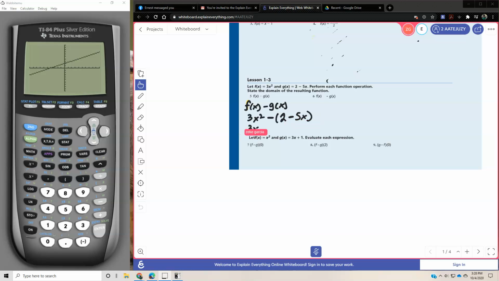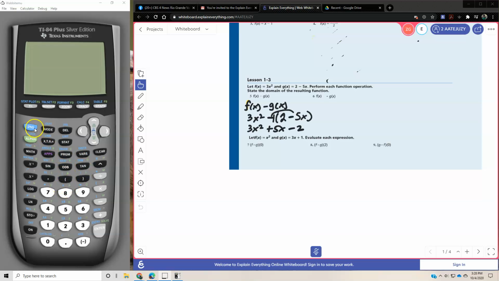So we have 3x squared. You have to distribute the negative 1. So negative 1 times negative 5x is plus 5x, and negative 1 times 2 is negative 2. Okay, so f of x minus g of x is 3x squared plus 5x minus 2.